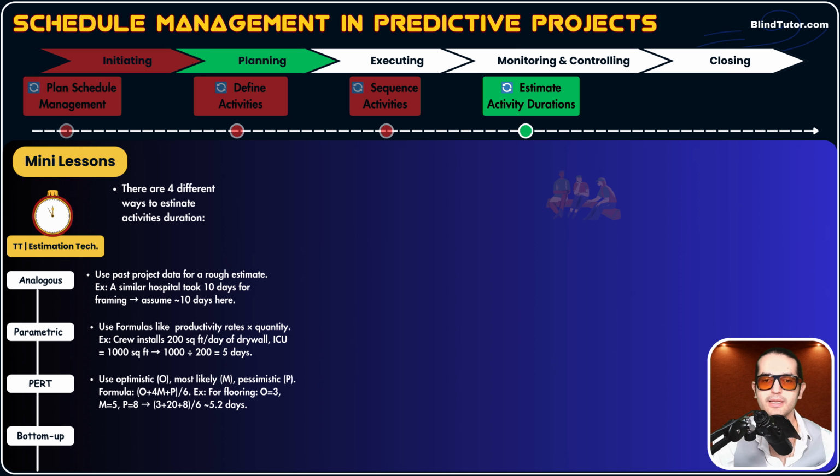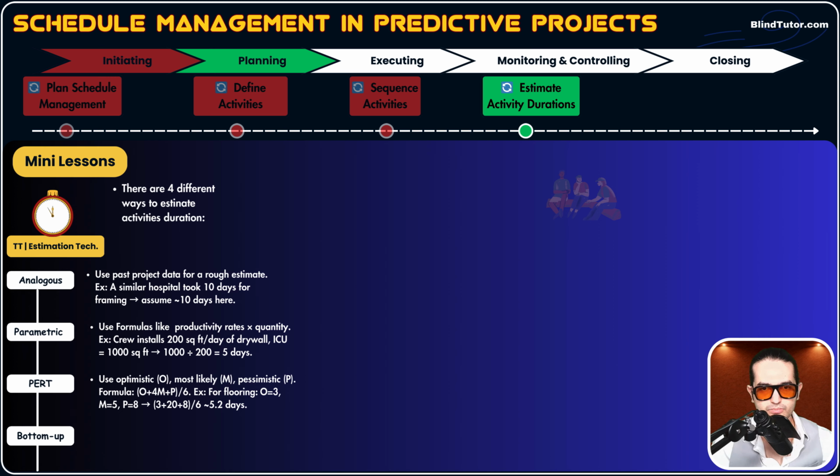Pessimistic is the worst case scenario, the longest duration that we could complete the activity. And most likely is average. You think you could complete this most likely in around, for example, 5 days. The formula is, guys, O plus 4M plus P, divided by 6. What's O? Optimistic plus 4 multiplied by most likely plus pessimistic estimation, divided by 6.